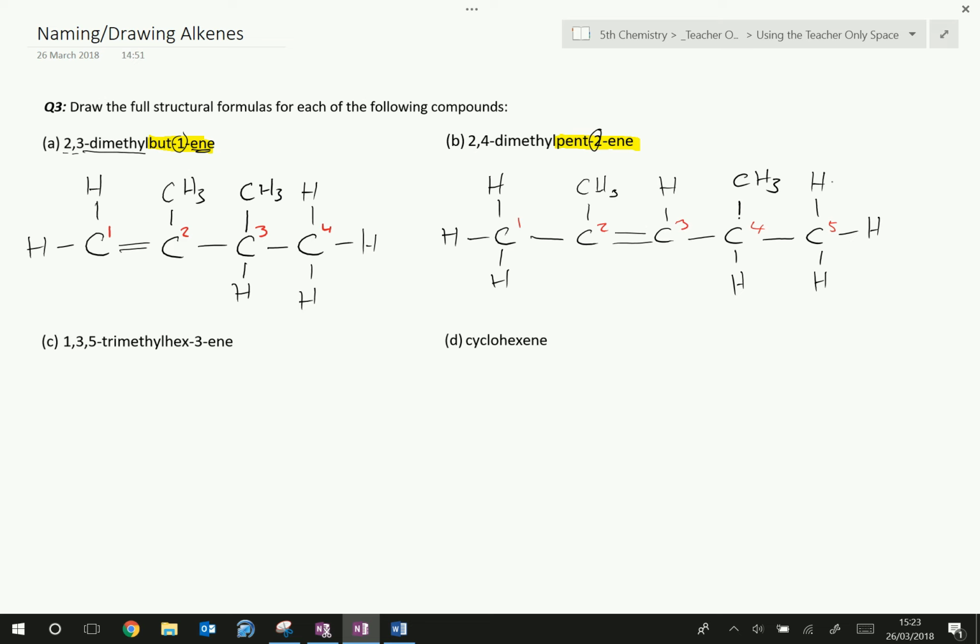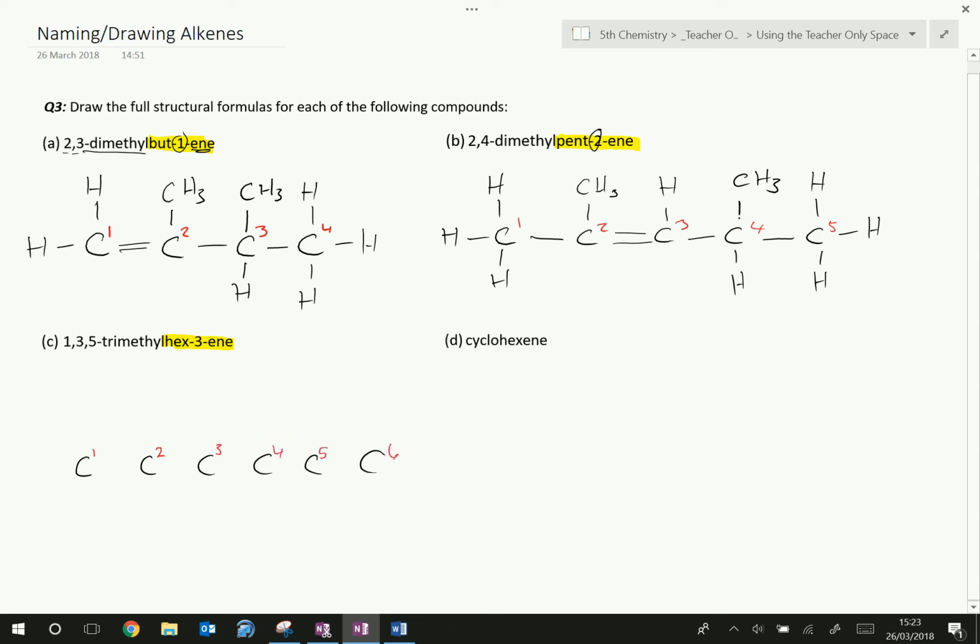Now on to part C. 1,3,5-trimethyl-hex-3-ene. So again, we just begin with the parent alkene. We see that it's hex, which means 6 carbons. 1, 2, 3, 4, 5, and 6.